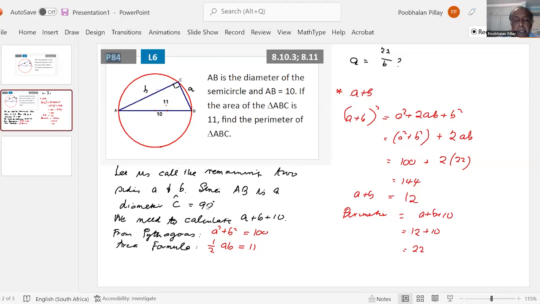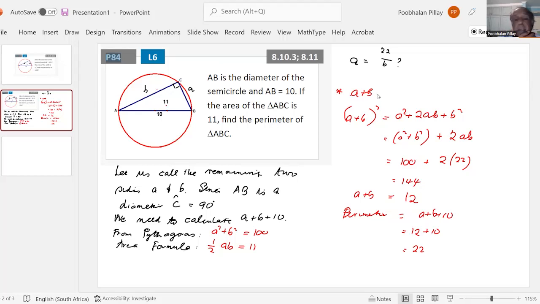It becomes very complicated. And then when you work out A, now that you have the value for B, it is even more complicated. And then you have to calculate A plus B, because the perimeter is A plus B plus 10. What we really need to do is to find A plus B. So that is really the issue.